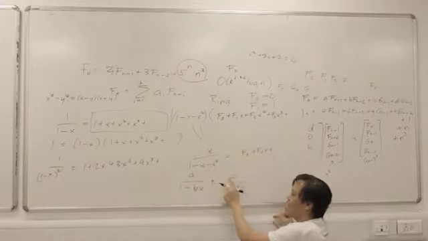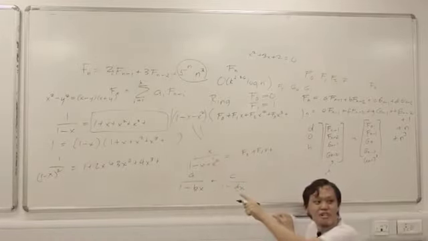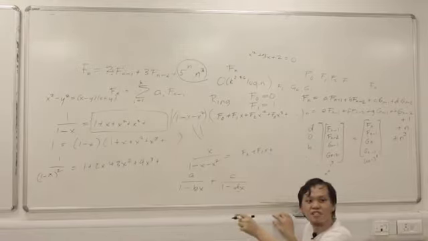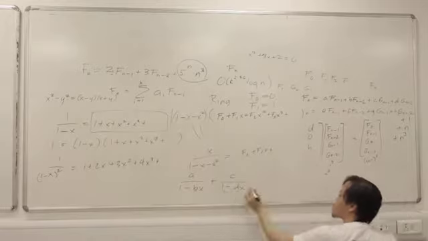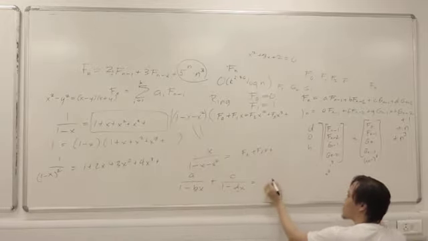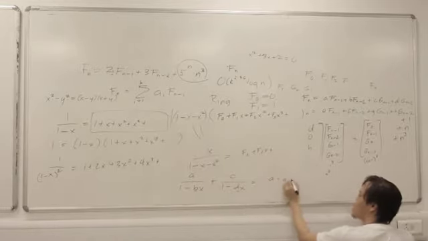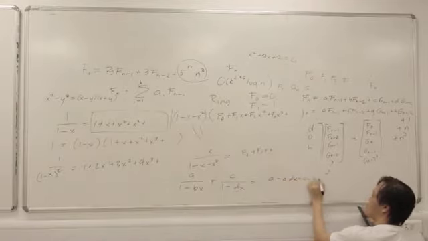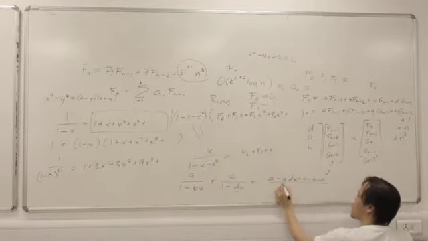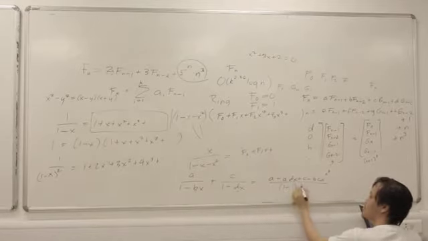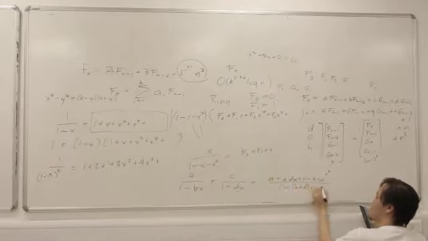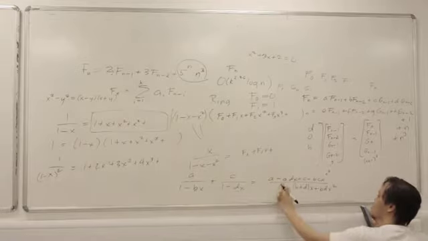And then you want to select A and C so that the top one becomes exactly x. So in this case, what numbers do we choose? If we expand everything, we get A minus ADx plus C minus BCx over 1 minus, let's try to multiply the denominator, (B plus D)x plus BDx squared.